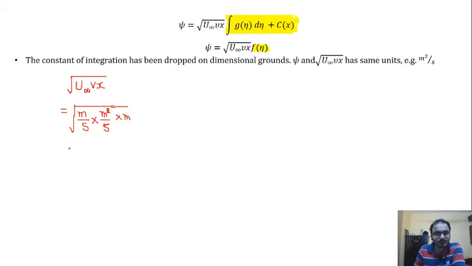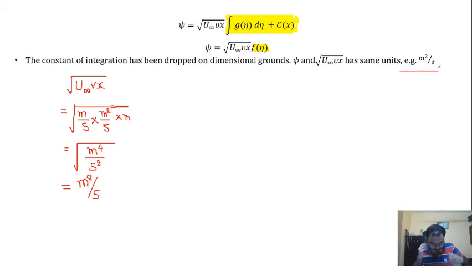So finally what we will get here is square root of m raised to 4 divided by second square. So finally we are getting meter square per second, that is written over here. So this is the value of stream function.